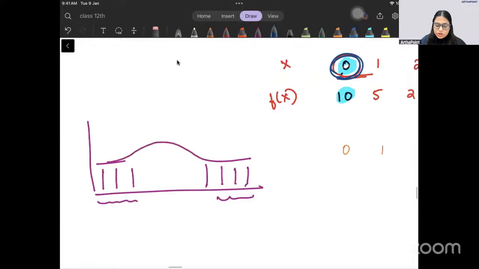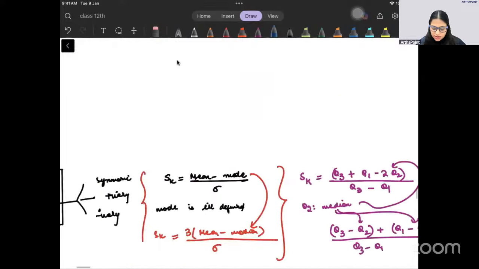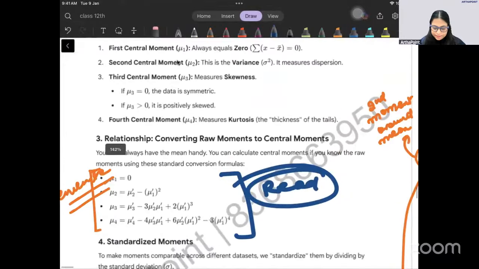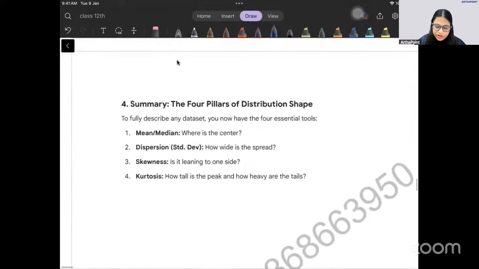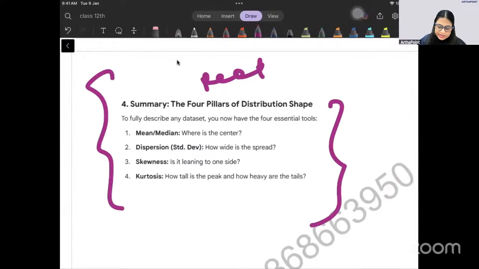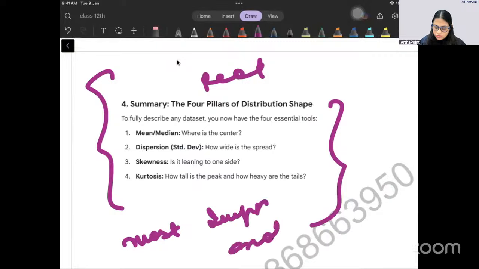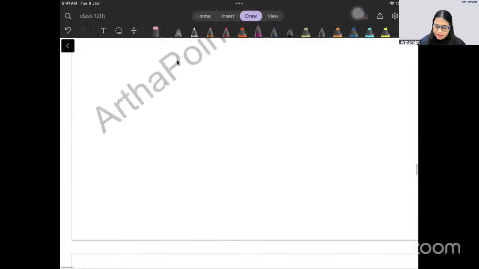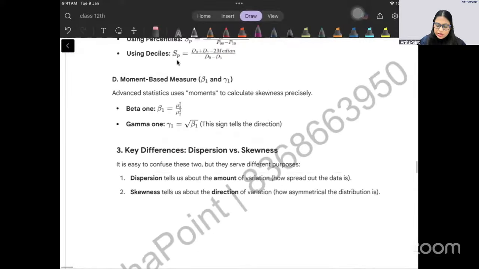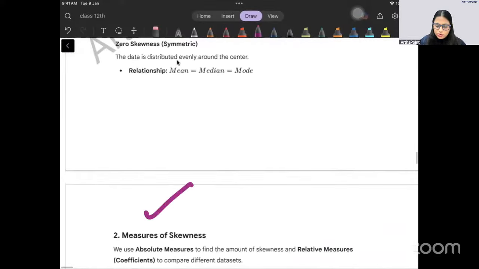Okay, good. So we are done with Kurtosis. If I come back to the notes, you read all of this. This is the most important analysis. You read everything related to Kurtosis and everything related to skewness with all formulas.